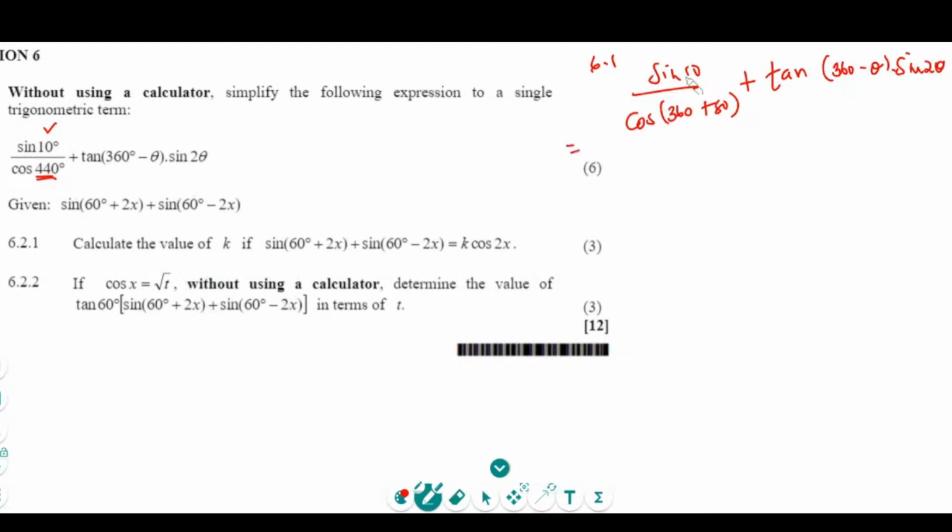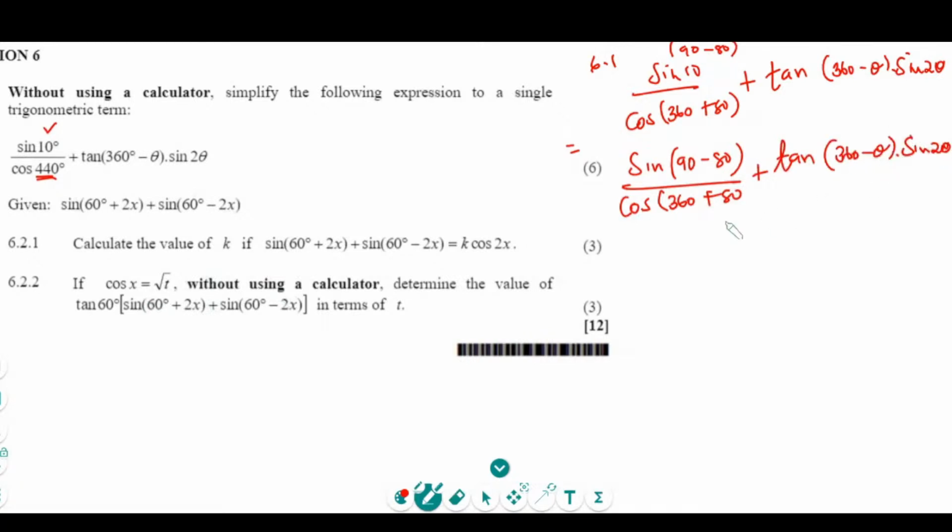And then I can change this to a sine of 90 minus 80. So that is sine of 90 minus 80. I'm dividing it by the cos of 360 plus 80, plus, I'll just reduce at once, 360 minus theta, and then this is the sine 2 theta.